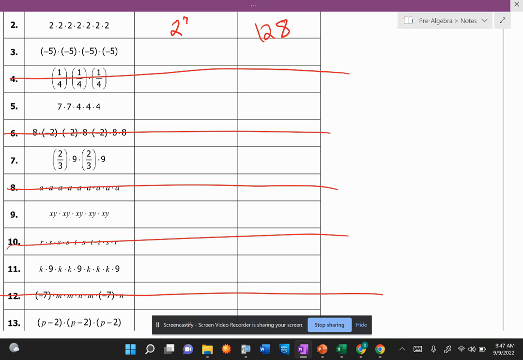You can cross them out if you want to, but you don't have to. 3136. Really? It's that big? 625.